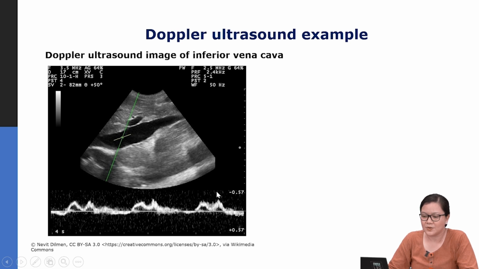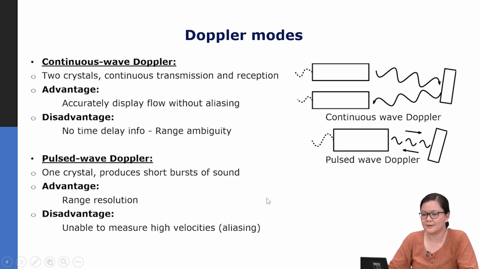So what this is showing you is that the blood flow velocity is somewhere between minus 0.57 a certain distance per second to positive 0.57 here.